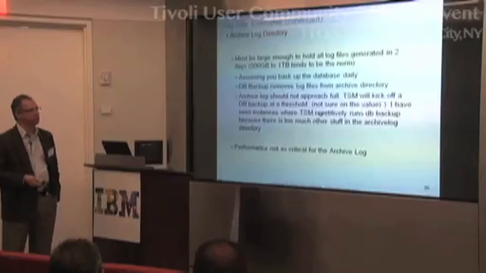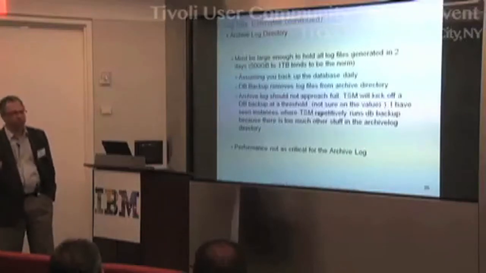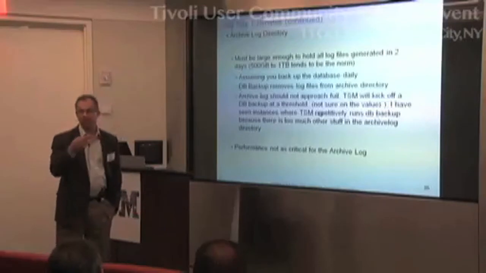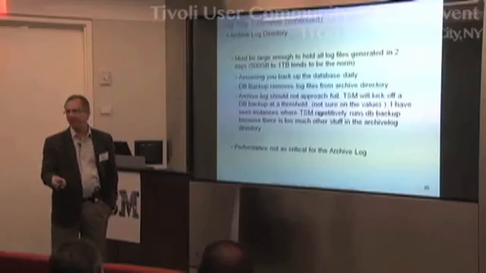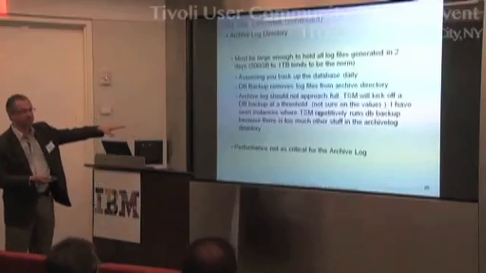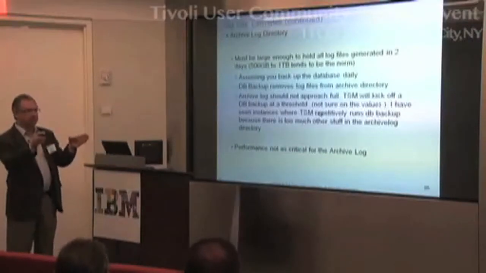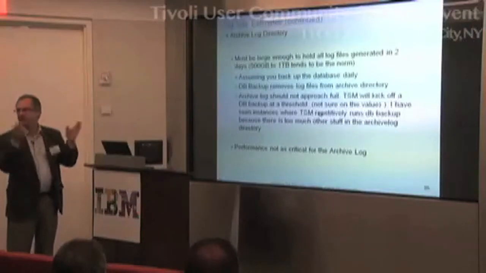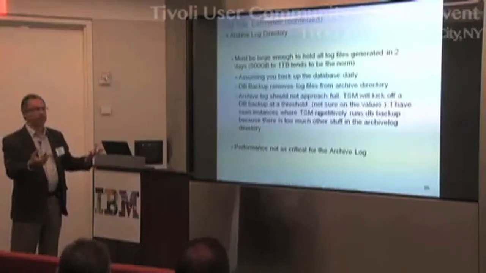We had a customer that provisioned about 2 terabytes, saw they weren't using all of it, and they started to dump some data into that. Because what happened, apparently there's some threshold, I don't know what the number is, but when that file system gets filled, it starts doing database backups. So it thinks, oh, I'm going to run out of space.